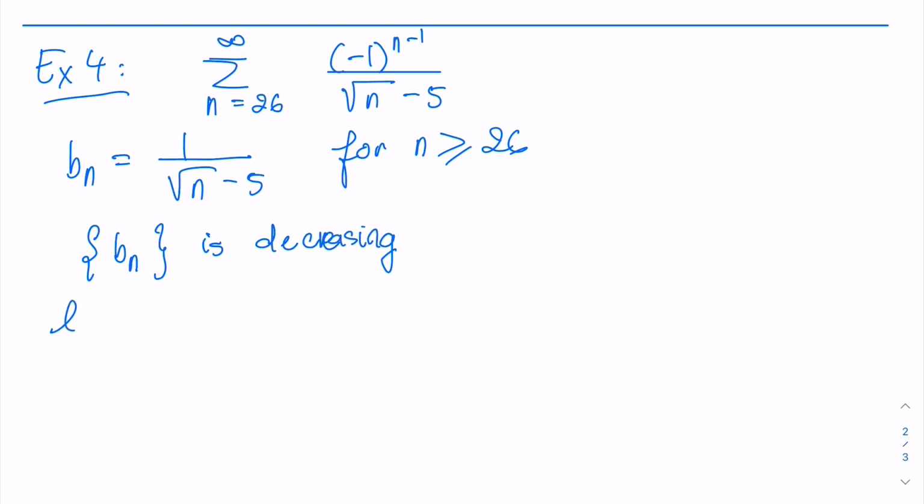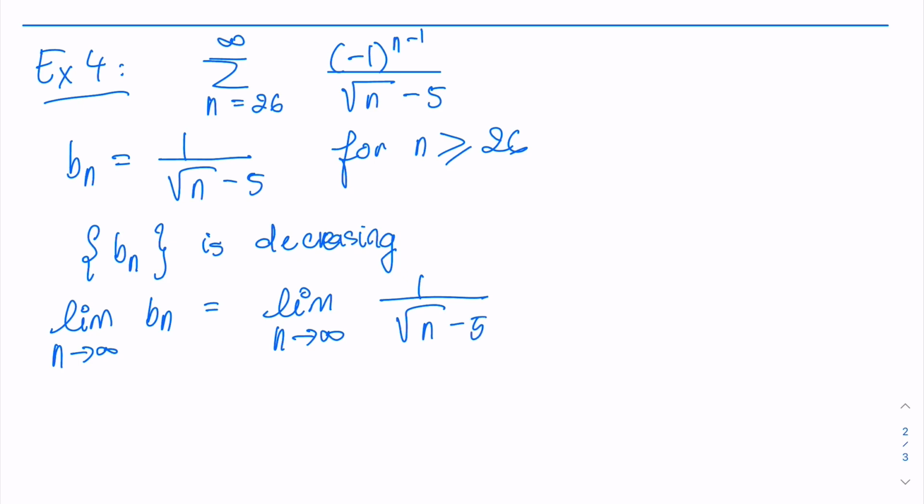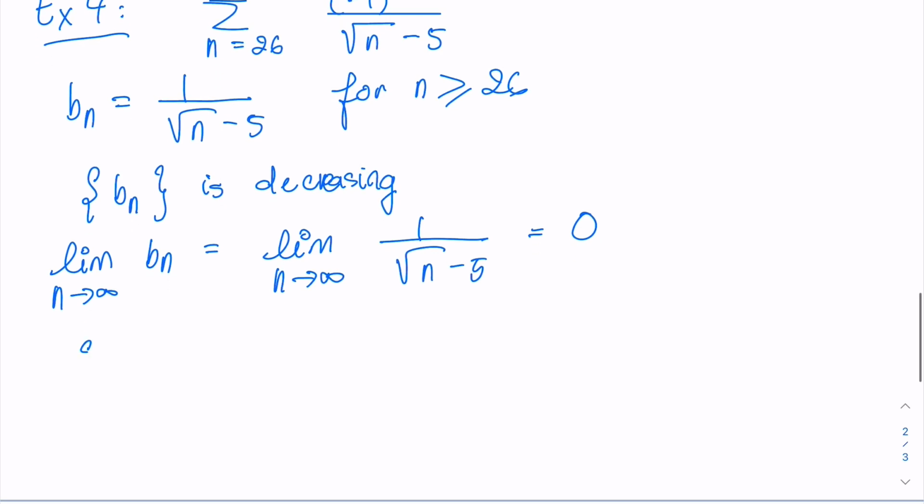Then we take the limit of b sub n, which is the limit as n goes to infinity of 1 over square root of n minus 5. You see it's going to yield 0. So our original series converges.